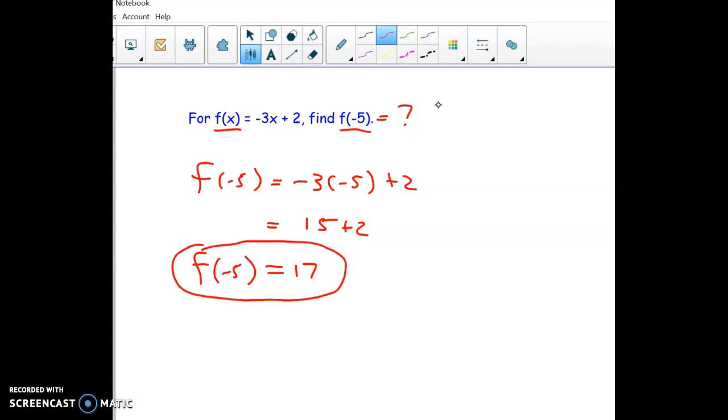So our answer is 17, but understanding this statement right here is really the key. It's not f times -5. That's not the right understanding. It's a function named f, input -5, get an output of 17. And this is going to be used throughout this course, so understanding the basics of function notation is pretty important.